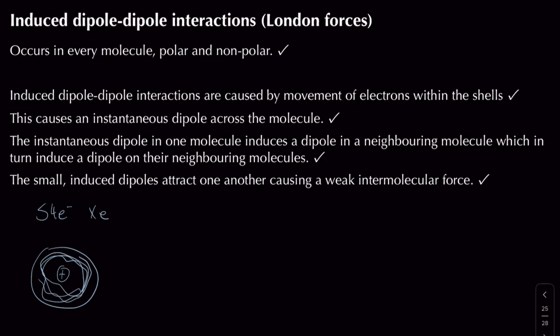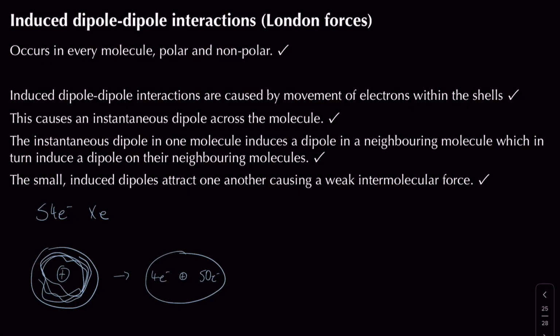Now, of course, at a given moment in time, what will actually happen is we create something called an instantaneous dipole, and that's when we end up with an uneven distribution of electrons, where I would end up with, let's say in this case, my positive charge over here. I've got, let's say, on one side of my atom, 50 electrons, and on the other side I've actually got 4 electrons.